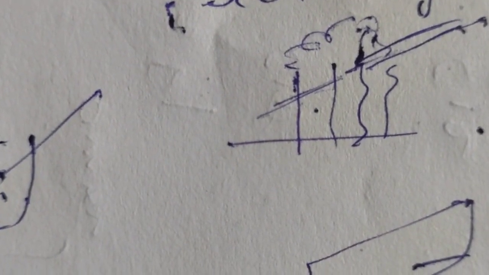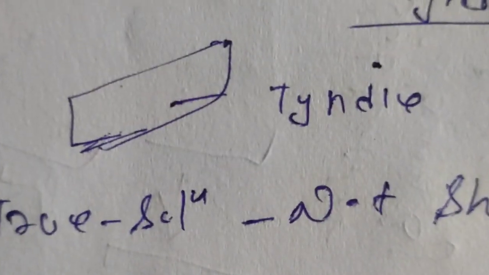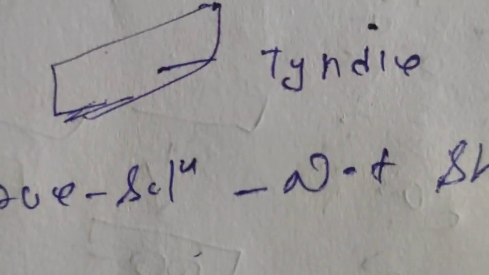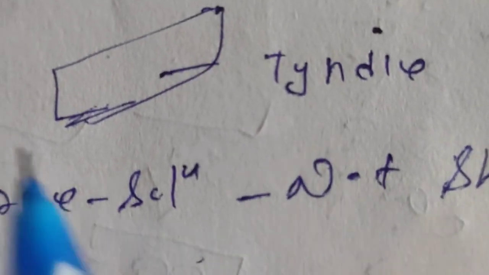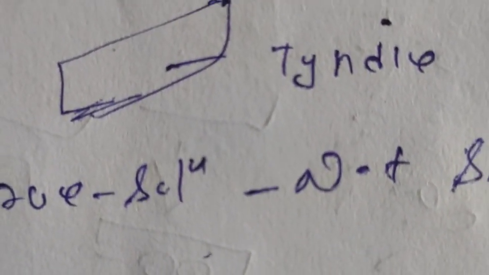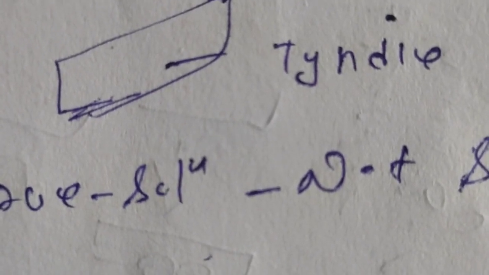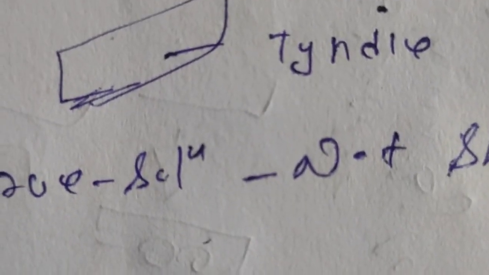This path is called the Tyndall beam according to the Tyndall effect. For real understanding, you can think of fog. When we put a laser on the fog, we see the path of the laser light. This is an example you can think of for the Tyndall effect.